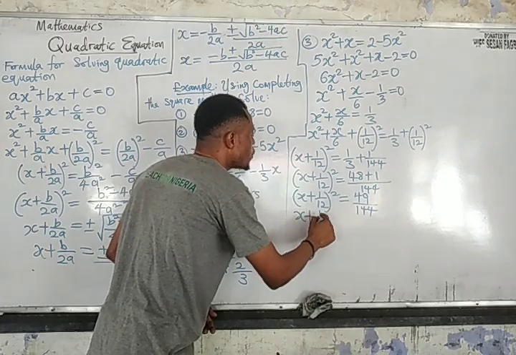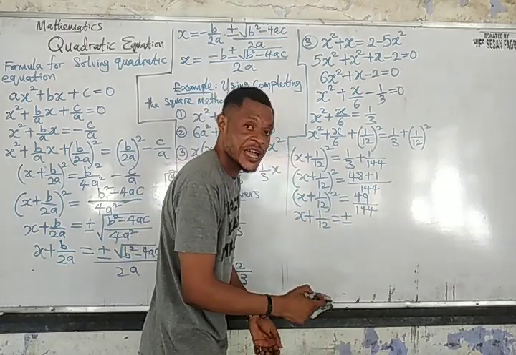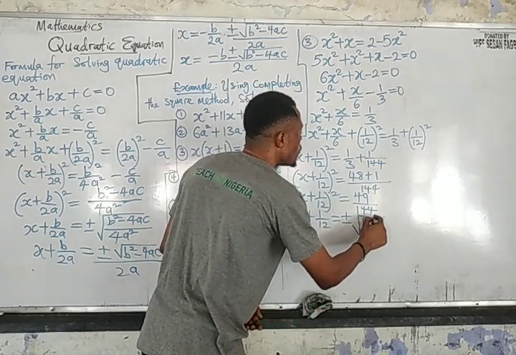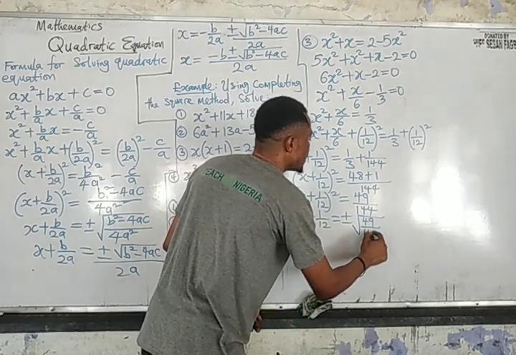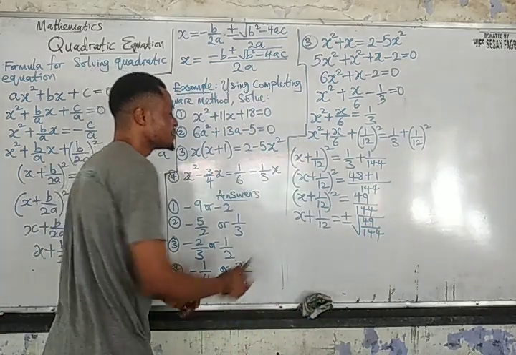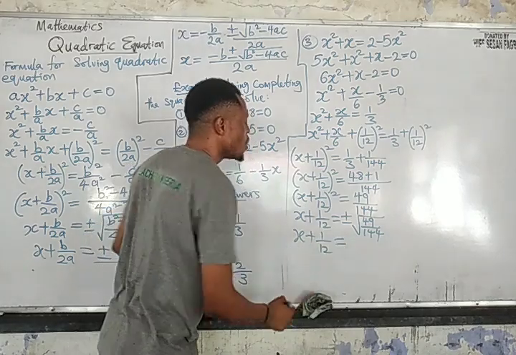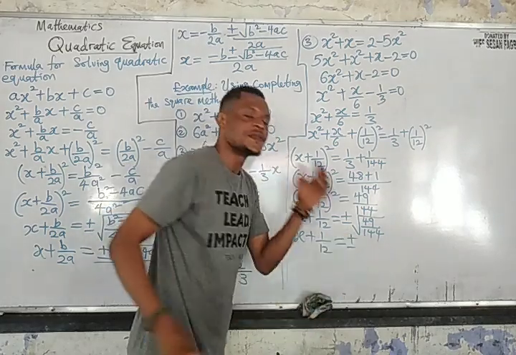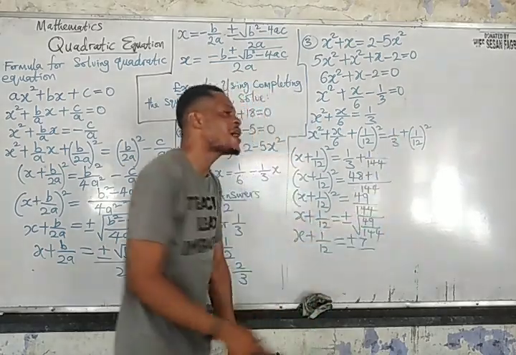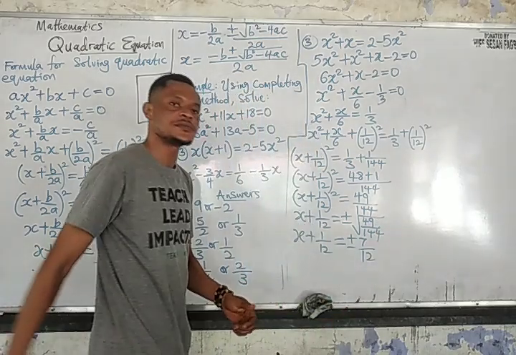(x + 1)/12 will give us plus or minus, we should not forget that, the square root of 49 all over 144. Then we do it: (x + 1)/12 equals plus or minus the square root of 49, which is 7, over the square root of 144, which is 12.